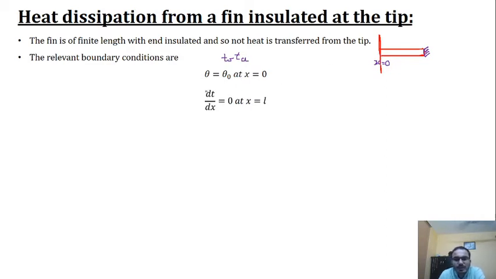And the second boundary condition is dT by dx is equal to 0 at x equal to L. So this is the condition where x is equal to L, and as it is insulated at x equal to L, the value of temperature remains constant.